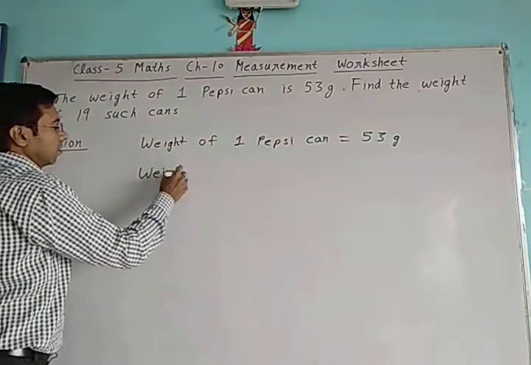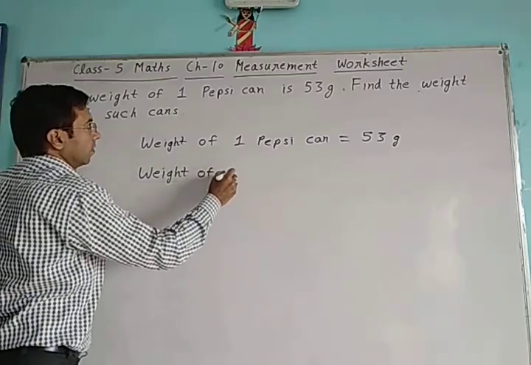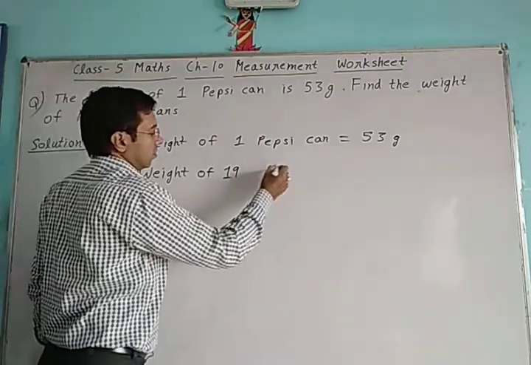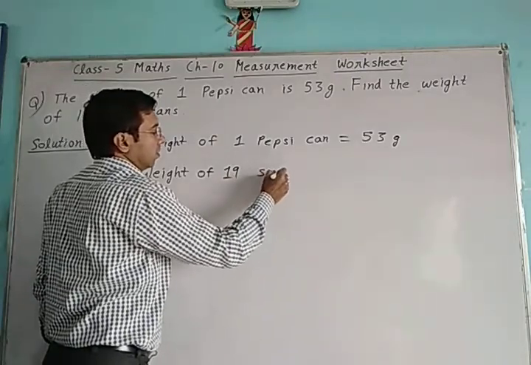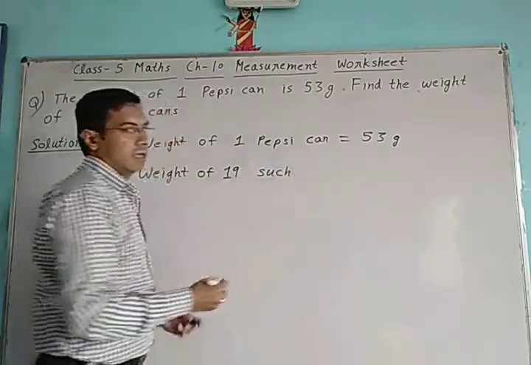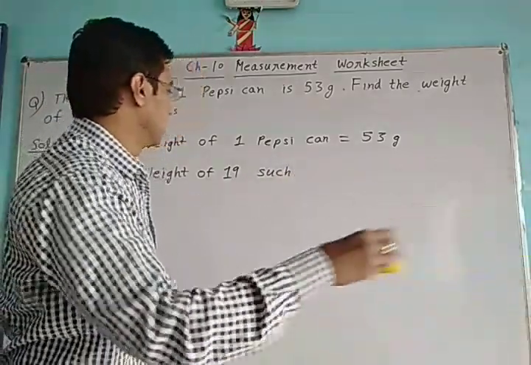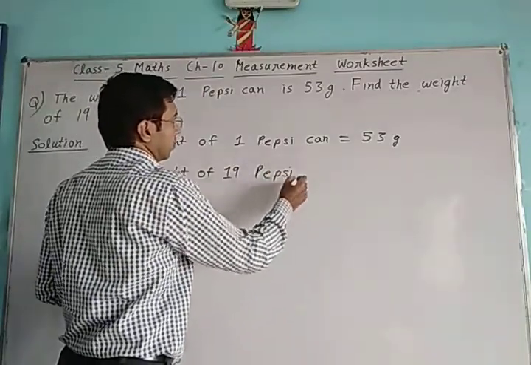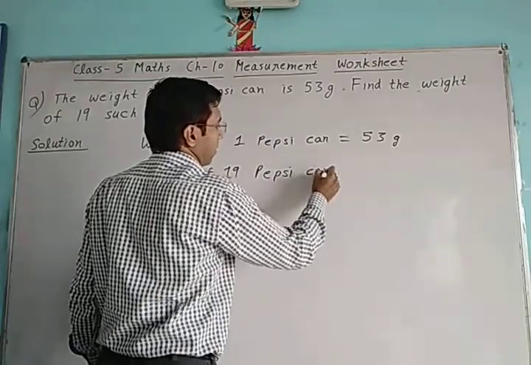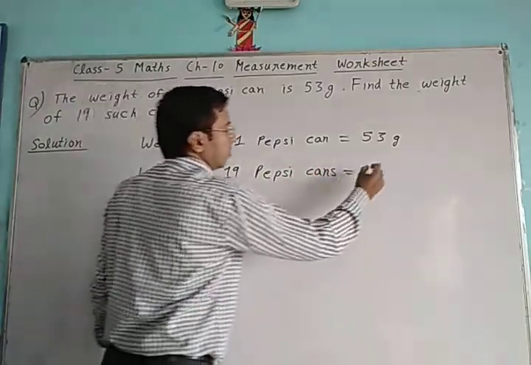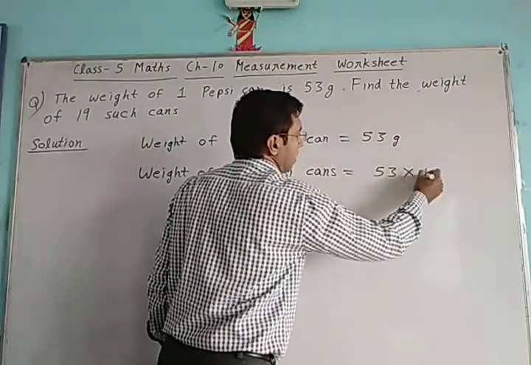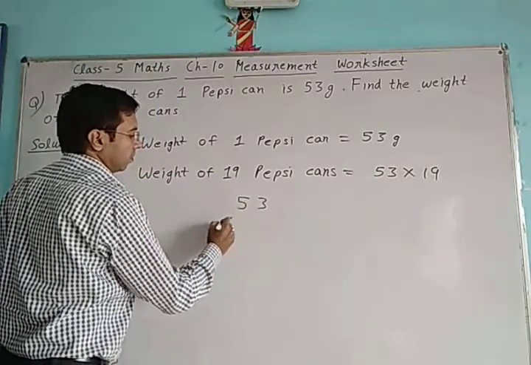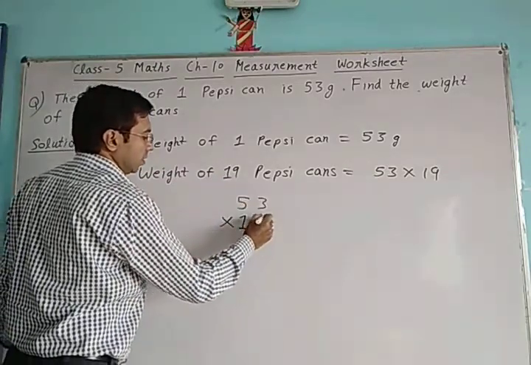Weight of 19 such cans, or you can write 19 Pepsi cans. What we have to do? It is 53 multiply 19. So multiply 53 multiply 19.